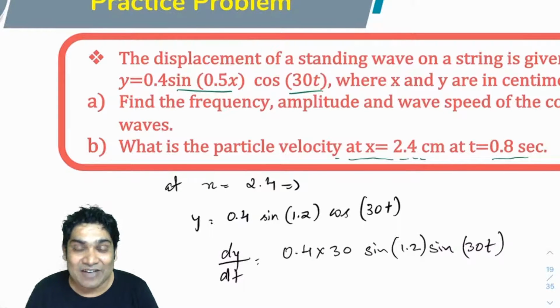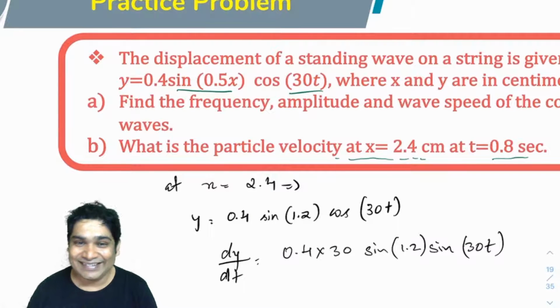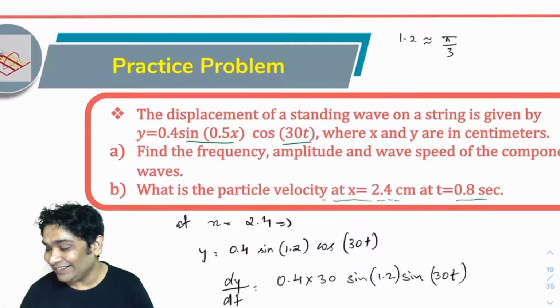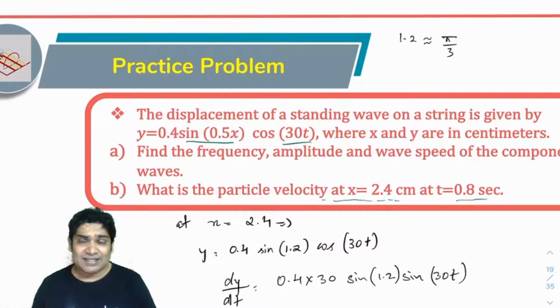Yes, even I was wondering about that. Maybe you can roughly approximate it to pi by 3. Maybe around pi by 3. You can roughly take this as pi by 3, and that's the best that I can tell you. You can assume 1.2 roughly as pi by 3 and take an approximate answer.